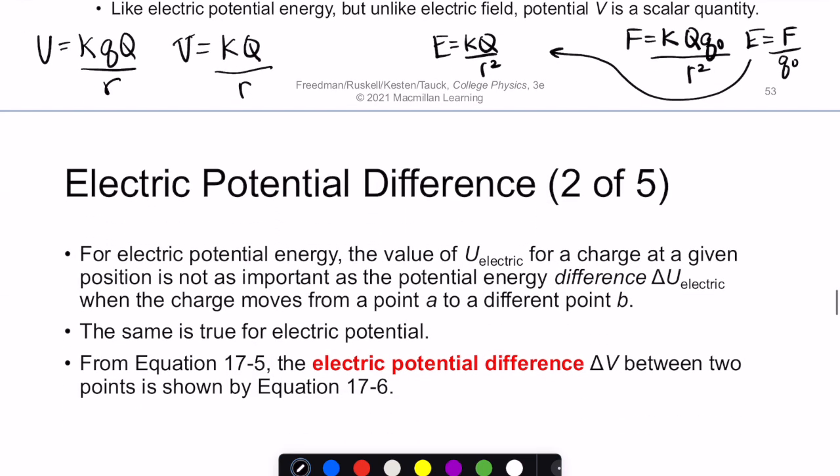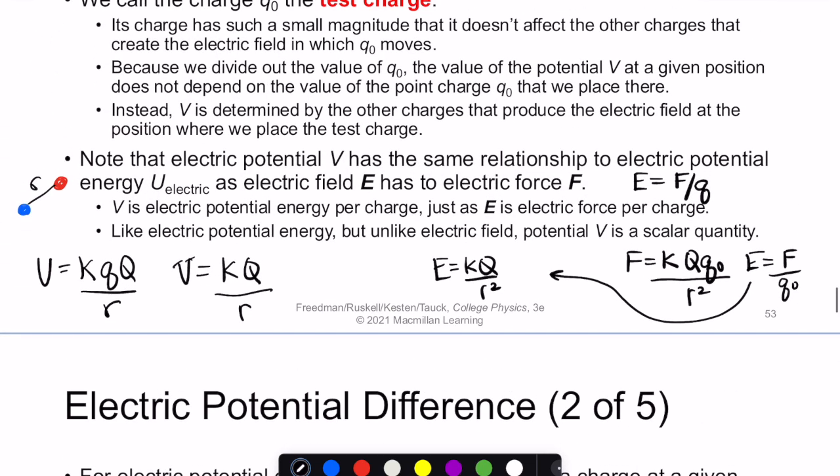So for the electric potential energy, the value of U electric for a charge at any position is not really as important as the potential difference. So when we talk about potential and energy, we're usually going to be referring to the delta U or the delta V, the difference in the potential at any point.